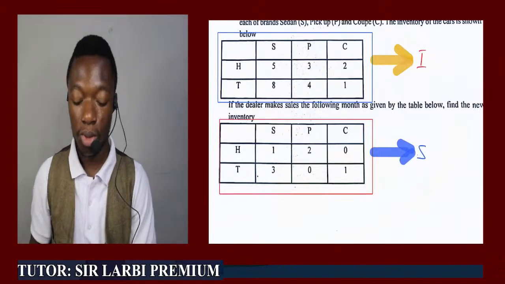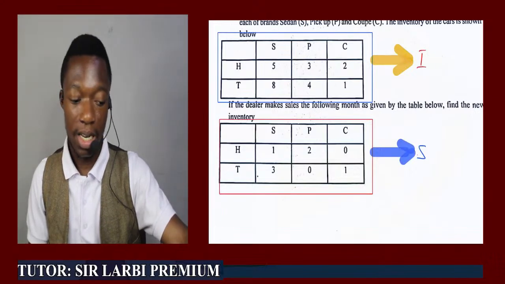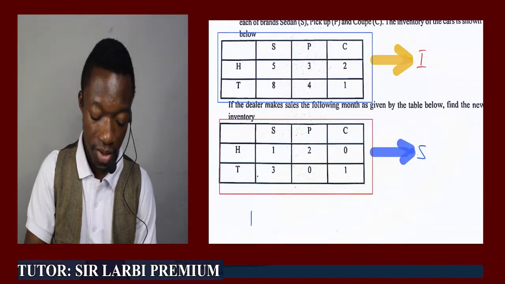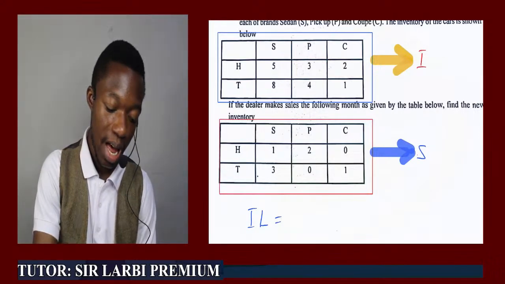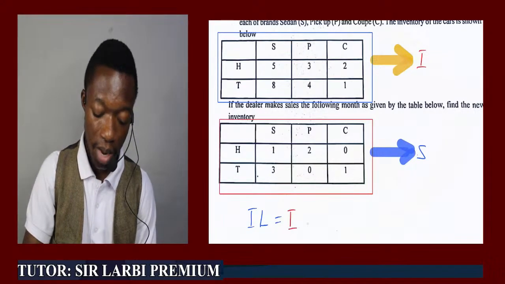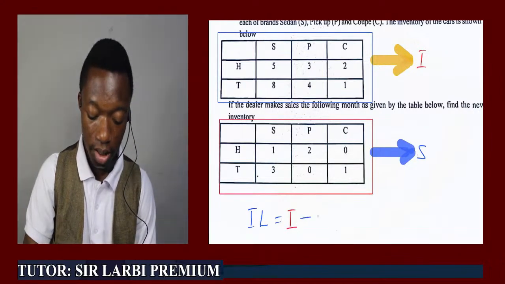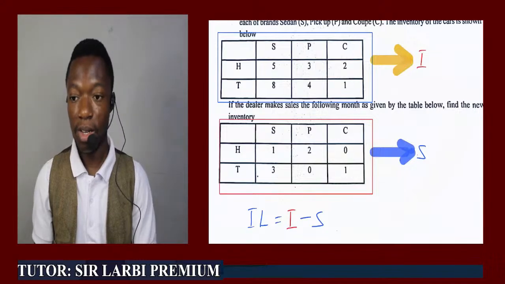At the end of the day, we are looking out for how much of the inventory is left. So the inventory left is supposed to be the inventory that we have in stock, which is I, minus the inventory that we have sold, which is X. That will give us the inventory left.